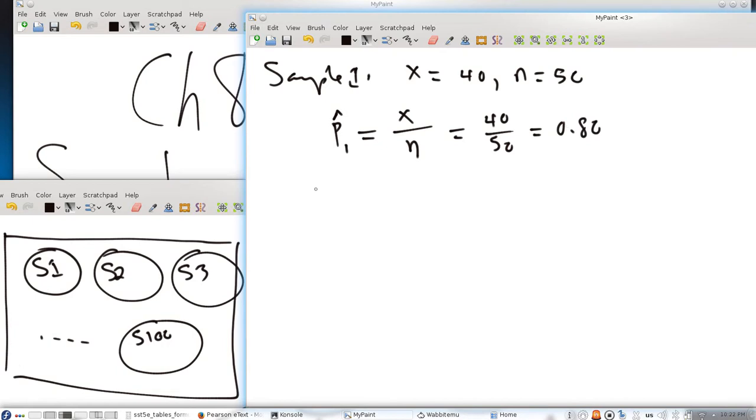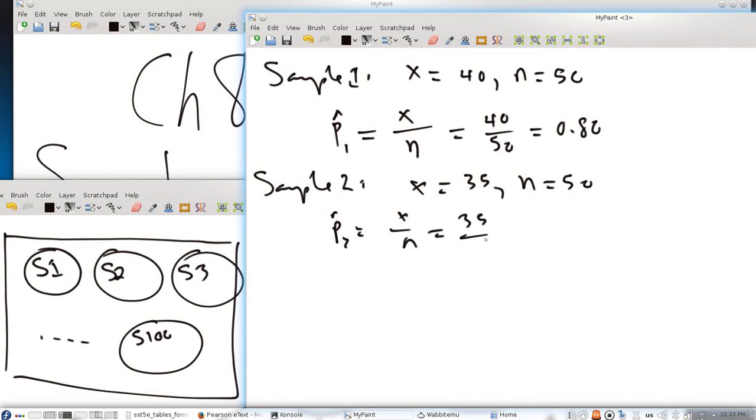Now suppose in sample 2 the number of observations x is 35, and the sample size n is still 50. The point estimate for sample 2 is x over n, 35 over 50, which gives 70%.